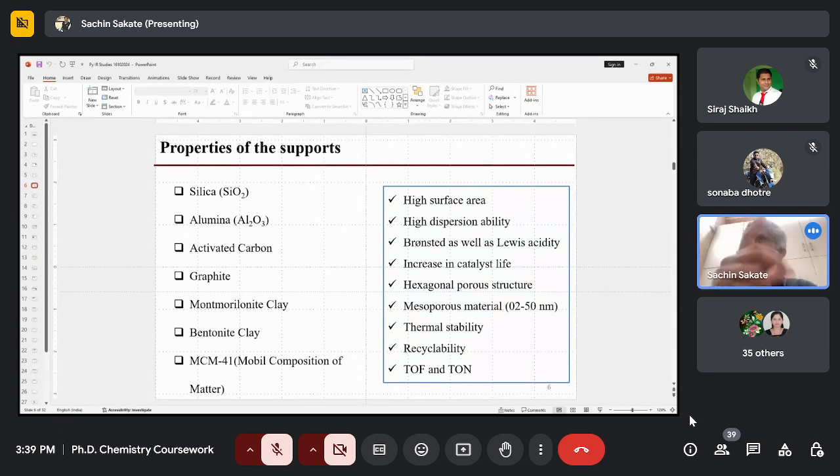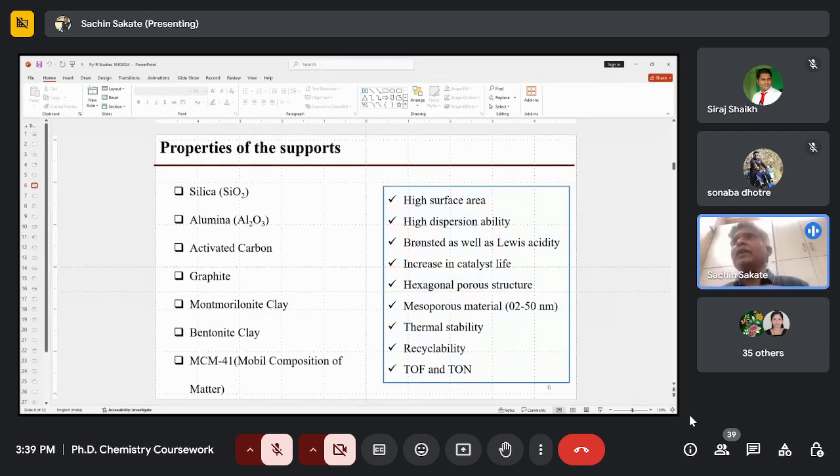Why use a support? It increases the catalyst life. The catalyst life is increased by taking different supports.